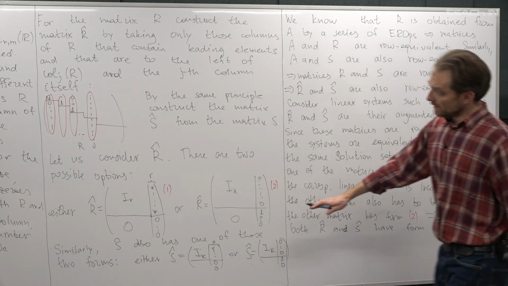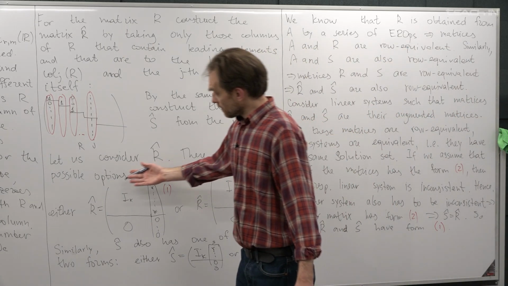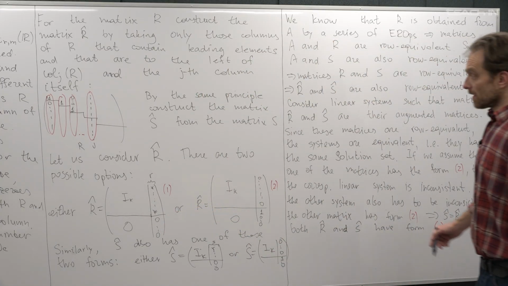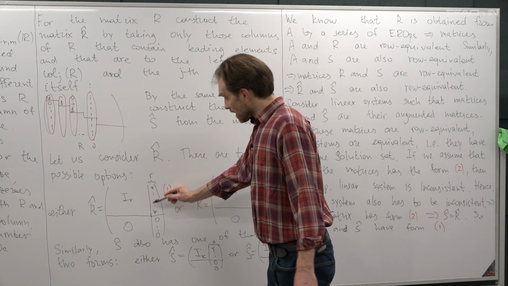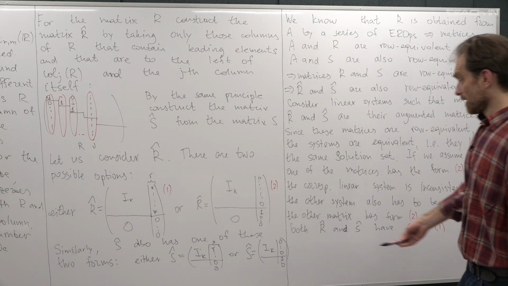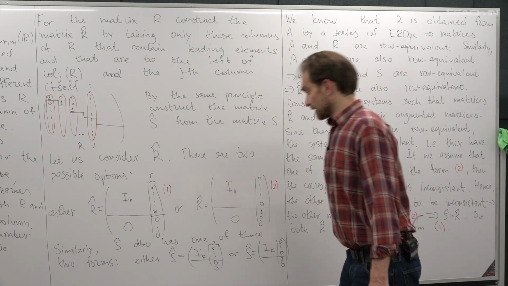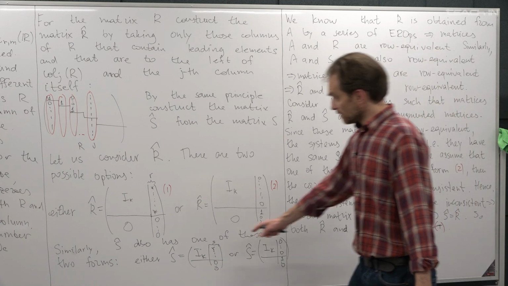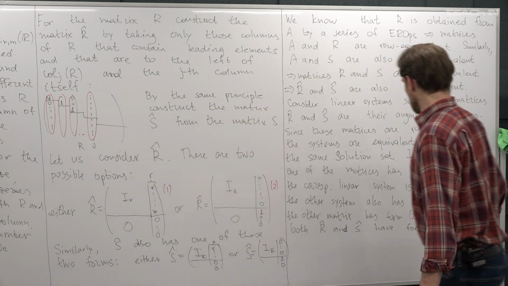And what does this mean? If we look at this from the point of view of the system, the column R is exactly the solution of the corresponding system here, and the column S is exactly the solution of the corresponding system, just because we have the identity matrix here.